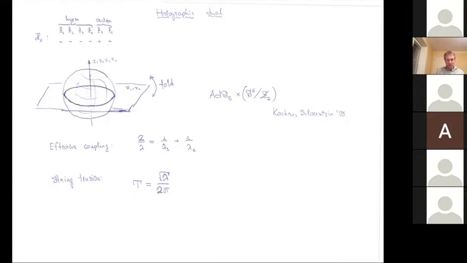So this translates into the geometric picture of the holographic dual, where we can picture the five-dimensional sphere as being embedded into six-dimensional space. And likewise, when we consider the orbifold, there will be a distinguished plane, so this should be X5 and X6.